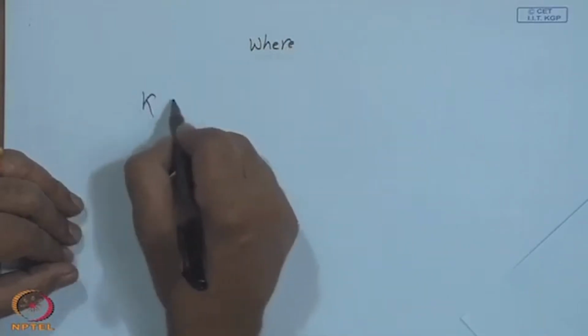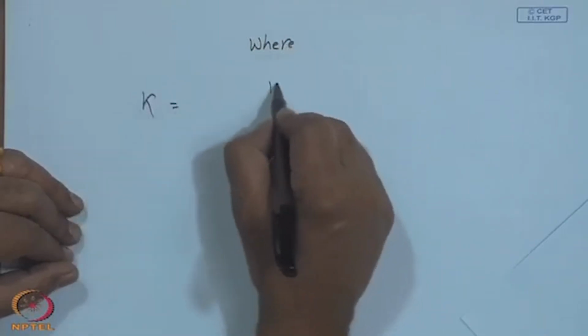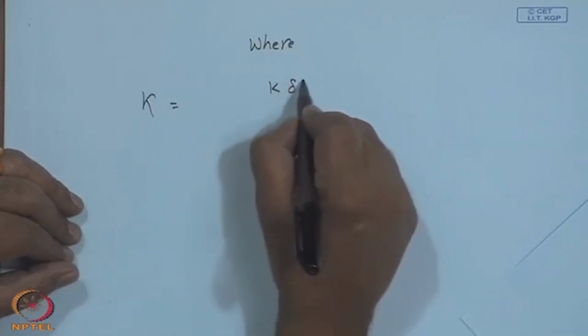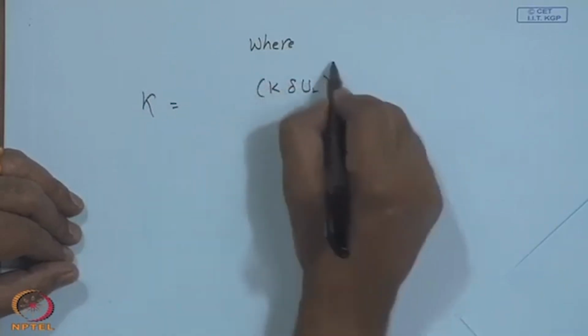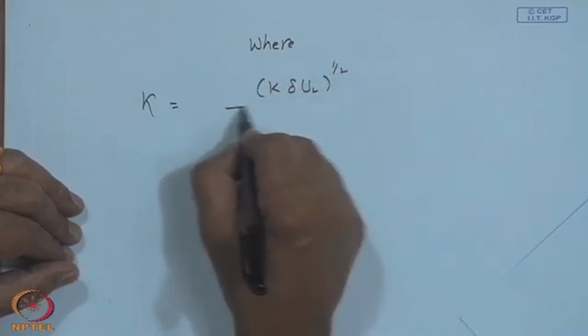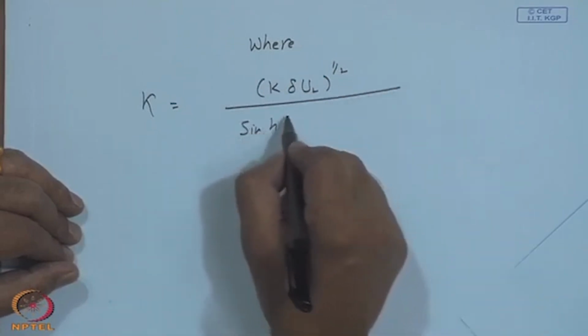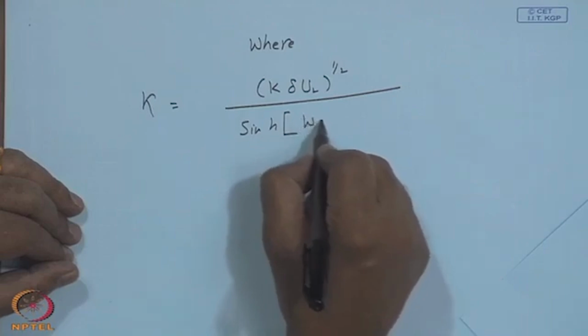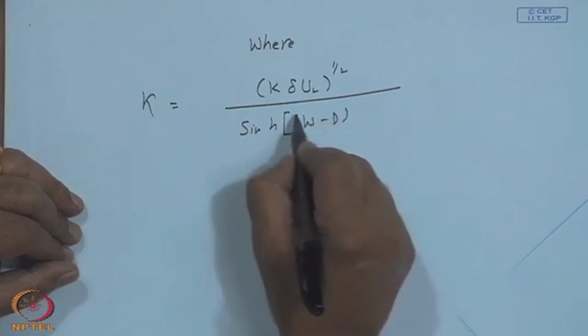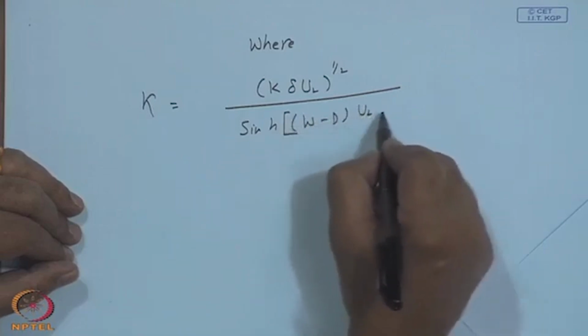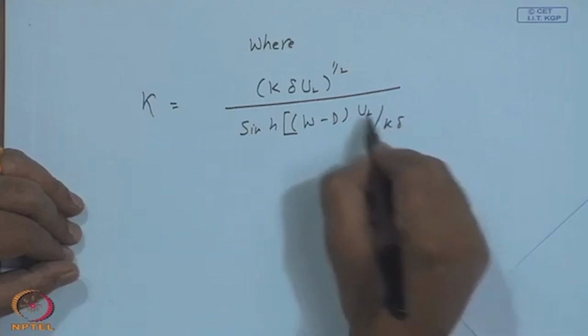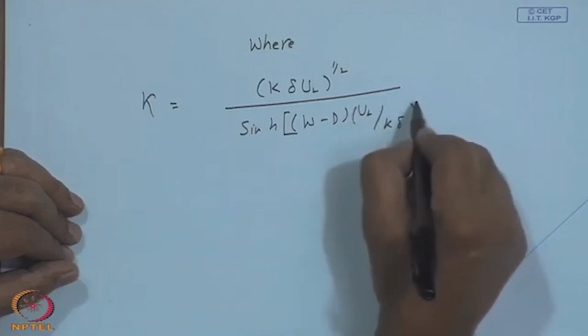the parameter kappa is defined as K delta UL to the power 1/2 by sine hyperbolic W minus D times UL by K delta to the power 1/2.